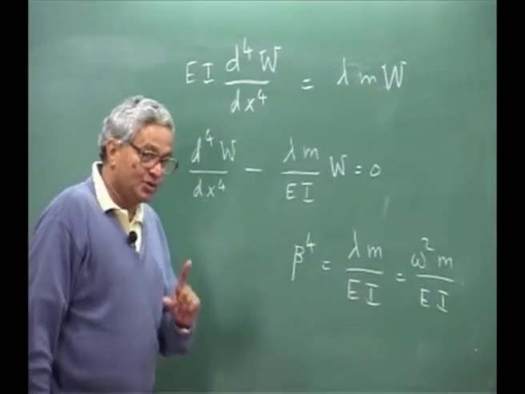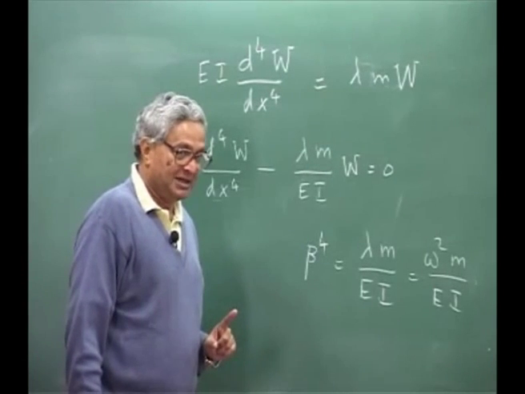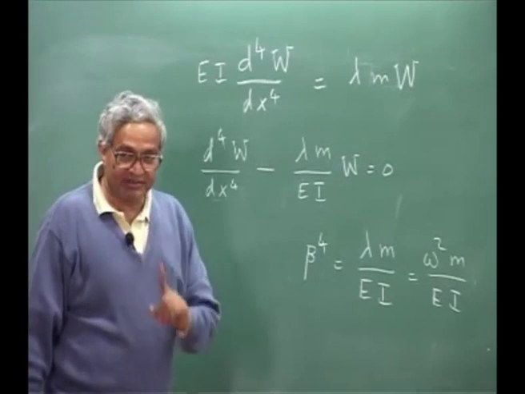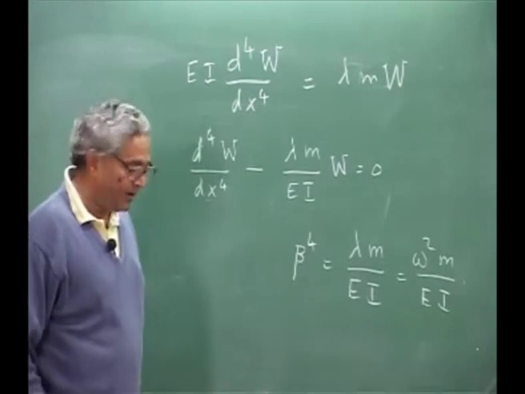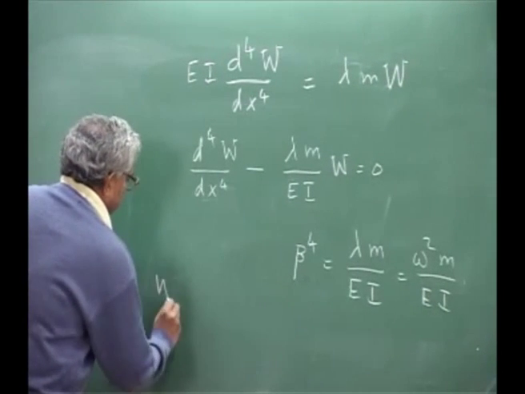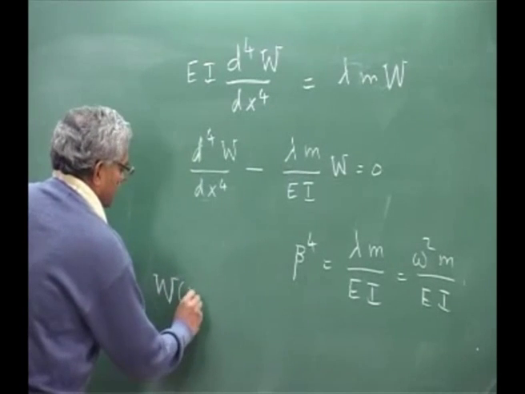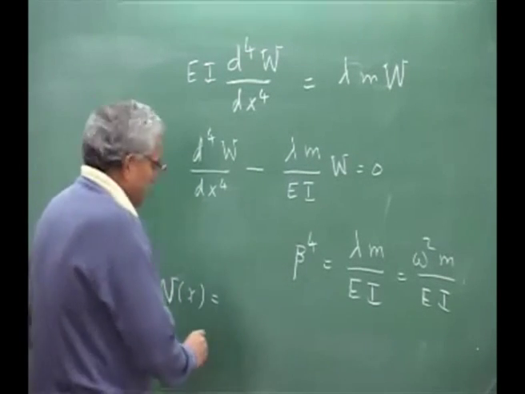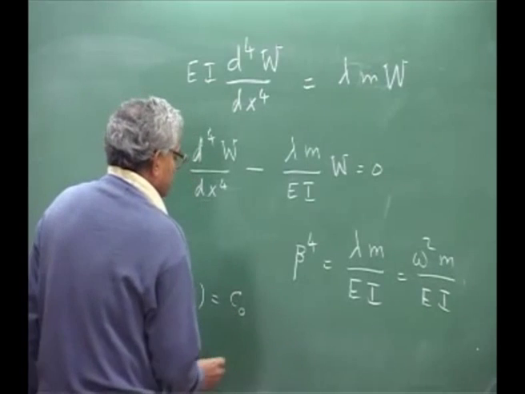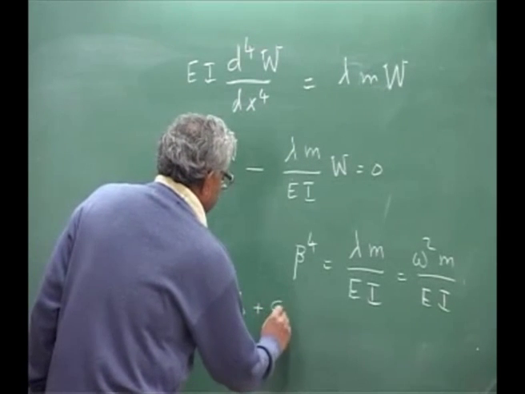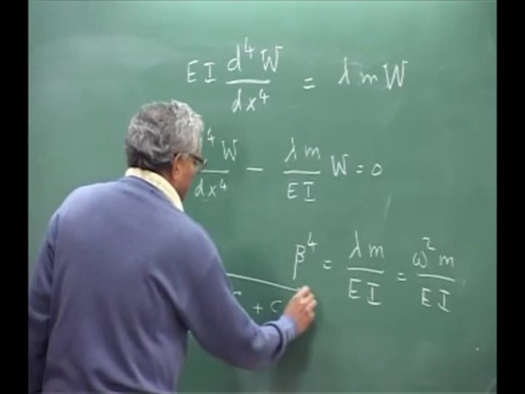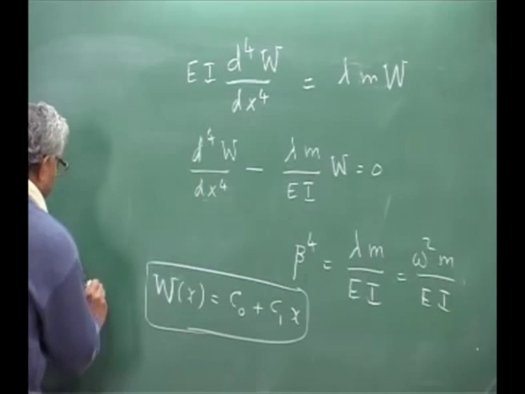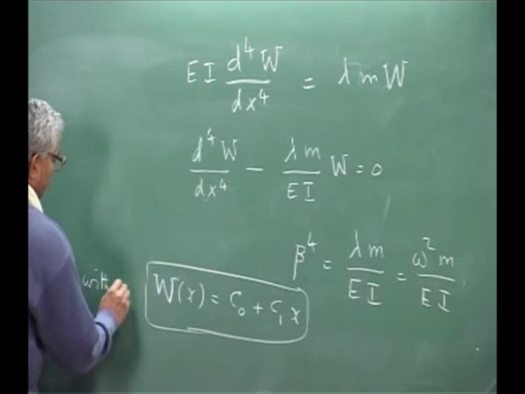You can also have another solution. Please understand, I am deviating. Another solution where W of x equals some constant C0 plus some C1 x, with lambda 0.